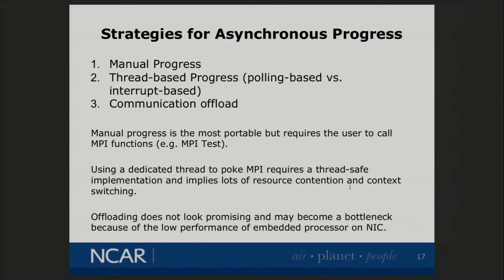I don't know about MPT. MPT has a pretty cryptic documentation in that sense. So I don't know what they're doing, but with some tests I can see that they have a pretty good asynchronous progress. I don't know how they do it for the two-sided. I know OpenMPI also has an option to enable the progress thread at compile time in the configure, but I don't know if it's enabled by default or not.